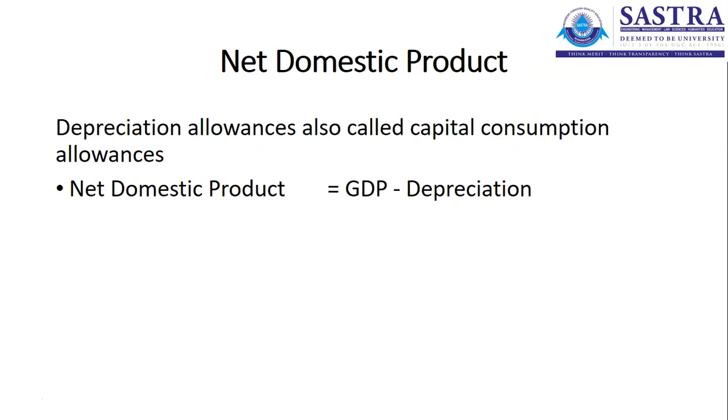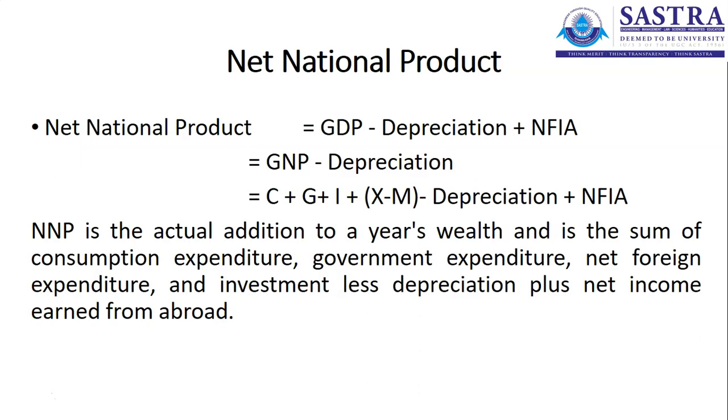How much the machinery is used? What would be the total value of depreciation we can allow for those machineries deployed for producing goods and services in the particular country? That we take into the calculation as depreciation.